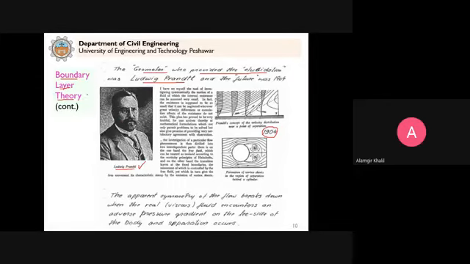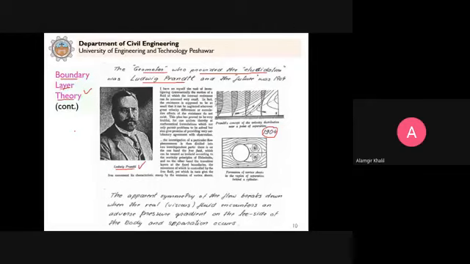He said that there is a very thin fluid layer near the body surface in which viscosity is dominating, resisting forces are developed, and that explains how resistance to flow occurs. Clear? So this was a very significant contribution, and this is what we know as the boundary layer theory.